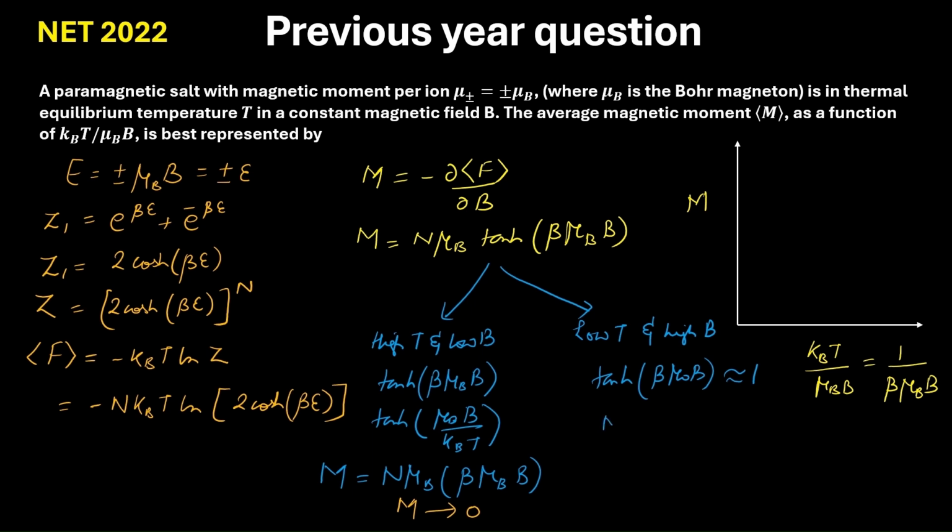So magnetization will be approximately equal to N times mu_B, which is a constant. From these two extreme limits, we can see that when the x-axis value is very high, it will tend to 0, and when it is very small, it will tend to some constant value. So the graph will look something like this.